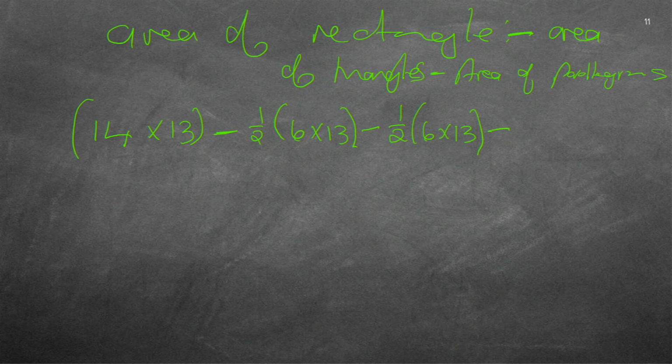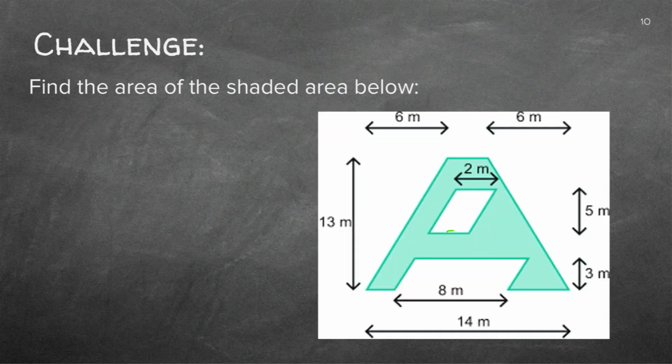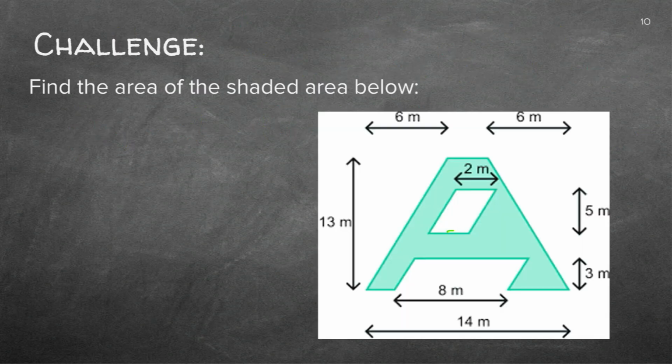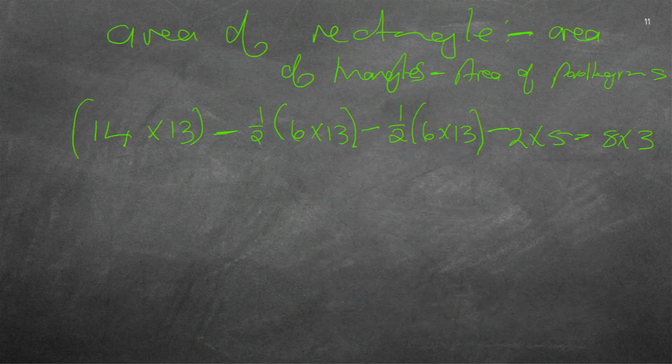Then minus 2 times 5. There's our little 2 times 5. Minus 8 times 3. Now all we have to do is to do this, right?